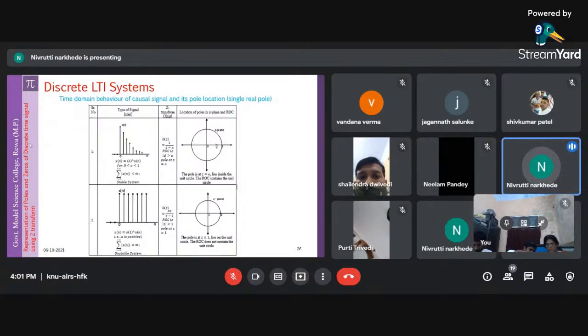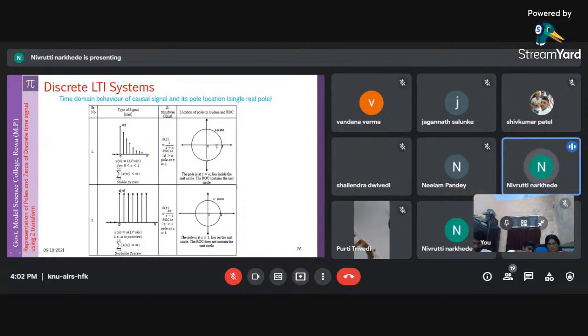The ROC is the exterior part, that is |z| greater than a. So here the region of convergence is defined outside the circle, and the pole, z equal to a, is inside the circle. This cross where a is mentioned is nothing but the pole. It is inside the circle, and the outside is called the ROC, because |z| is greater than a. So this is the expression of this time signal with its ROC and its Z transform.